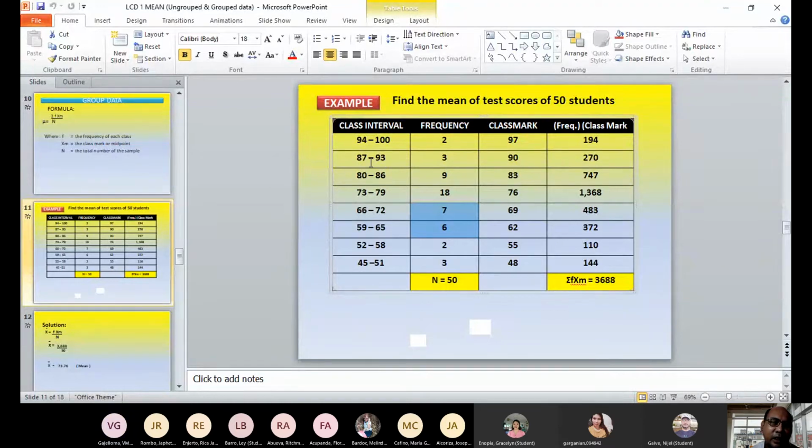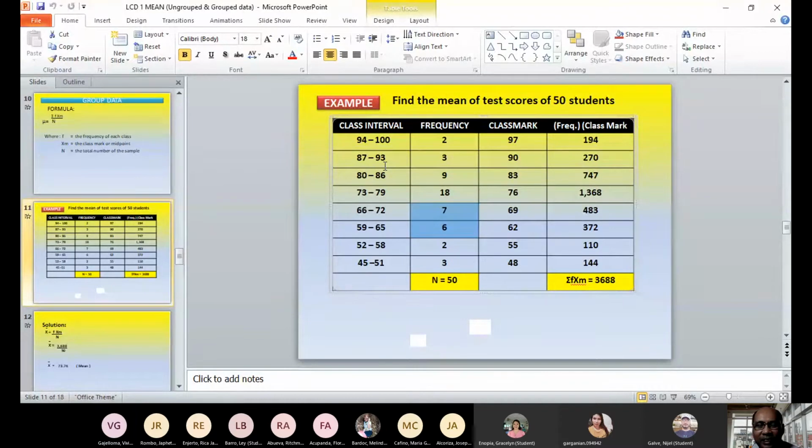94 to 100, 87 to 93. What is the value of i? Interval. Di ba, in some frequency distribution, you should know how to construct your frequency distribution table.